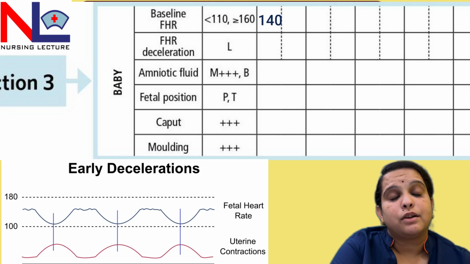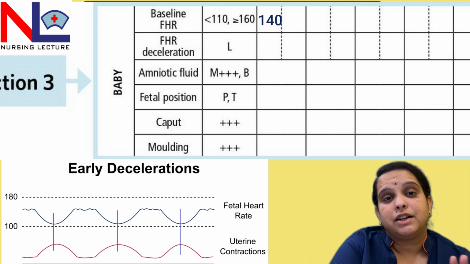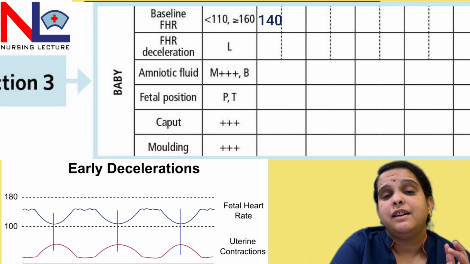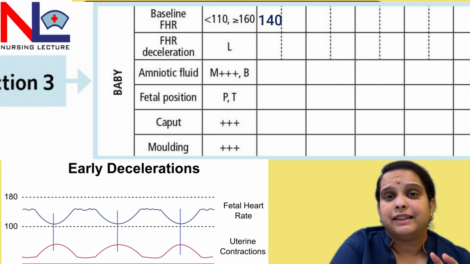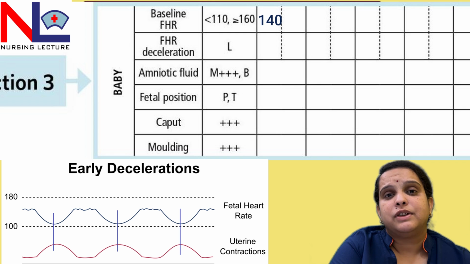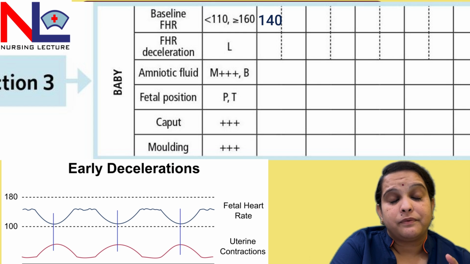If both findings coincide, that is the peak of contraction and the nadir, the lowest point of the fetal heart rate, are at the same time, that shows early deceleration. This is mostly because of compression of the fetal head, which stimulates the vagus nerve and thereby the flow is reduced. But once the contraction has passed, the fetal heart rate also recovers to its previous baseline. So this is called early deceleration. If we find early deceleration, then we can write E.